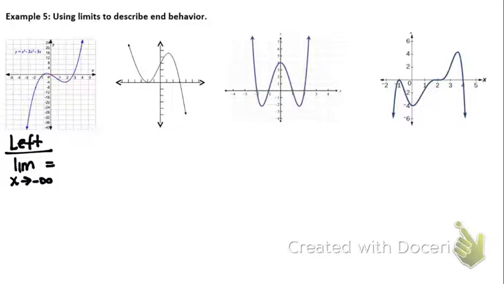That's how you write your limit for the left. And actually, I forgot one thing. It's the limit of f of x. Hold on one second. So we'll just say all of these are f of x.